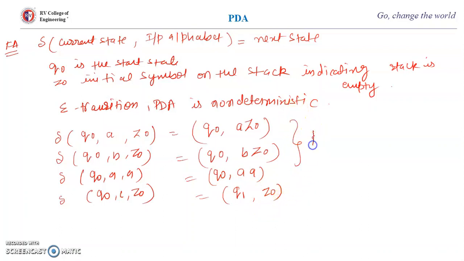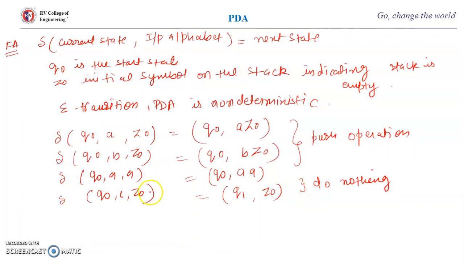So these three you can say are examples of push operation. And this is do nothing. We are not going to perform push or pop. We are just reading the input C, the stack top is Z0, and we are not going to do anything. That Z0 will be there in the stack, with no pushing or popping operation.